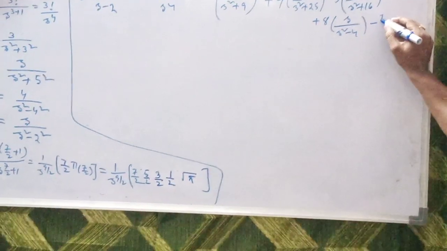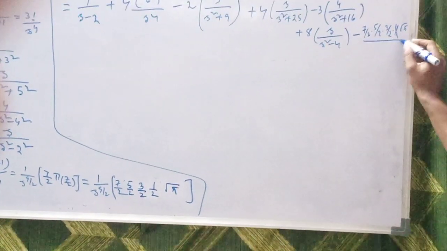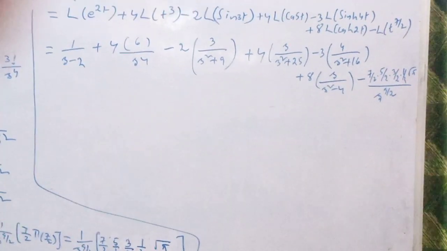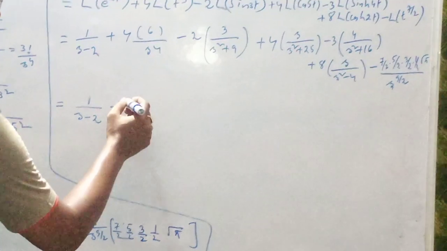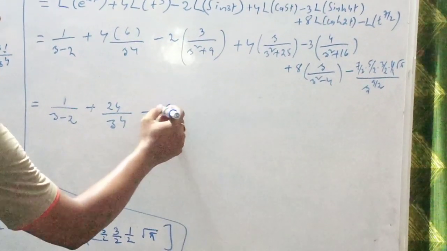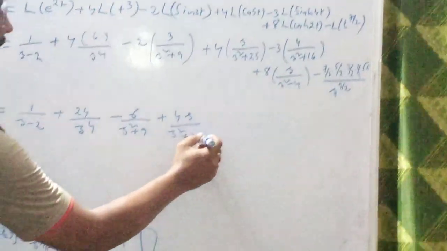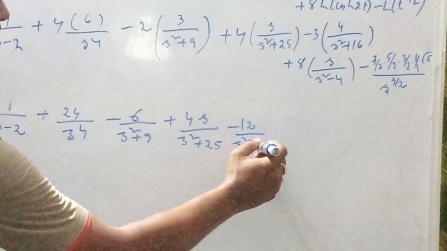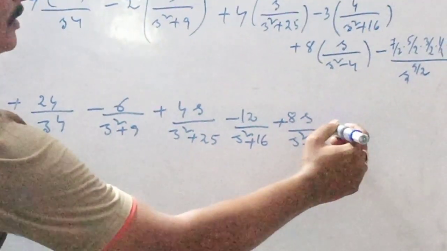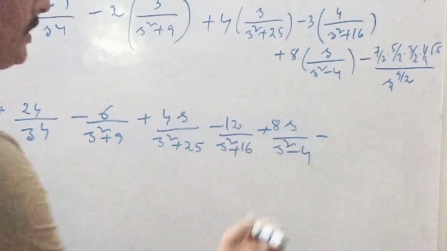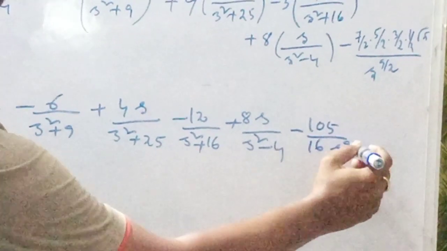So 7 into 7/2, 5/2, 3/2, 1/2 root pi by s to the power of 9/2. Simplifying: 1 by s minus 2, plus 24 by s^4 (4 times 6 is 24), minus 6 by s^2 plus 9, plus 4s by s^2 plus 25, minus 12 by s^2 plus 16, plus 8s by s^2 minus 4, minus 7 into 5 into 3, that is 105, by 16 s^(9/2) into root pi.